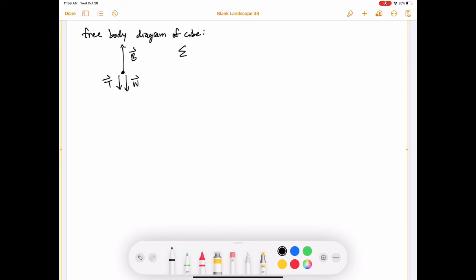If we apply F equals ma to the vertical direction, the sum of the forces in the y direction equals m times a y. We have a positive buoyant force, but tension and weight going down, so we'll put negative signs on those. So the sum of forces is B minus T minus W equals 0, because again, there is no vertical motion for the cube.